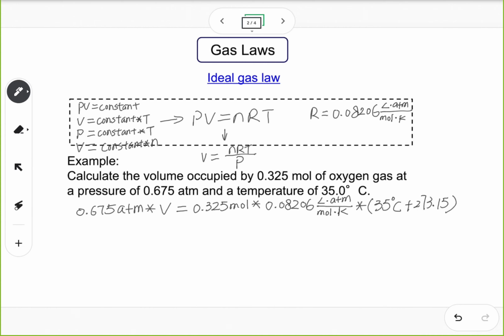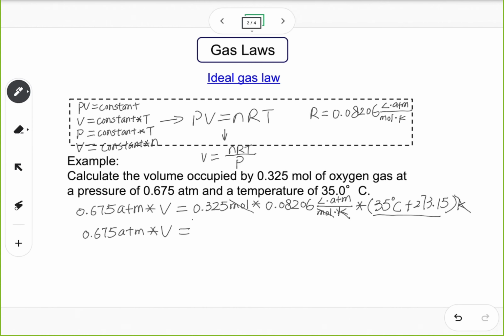If you do the calculation, one more step: atm times V equals, if you do the calculation on this side, remember the unit mole can be cancelled. After you do the calculation inside the parentheses, the unit should be Kelvin, and Kelvin can be cancelled.